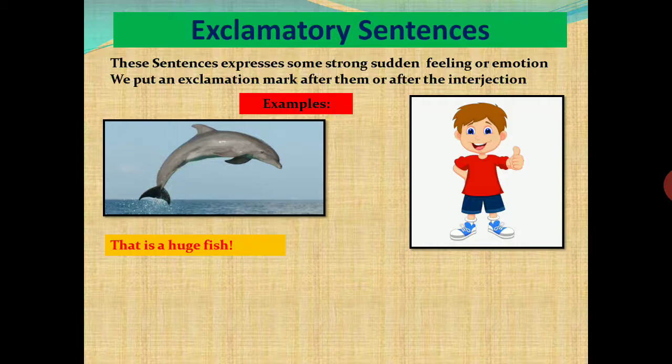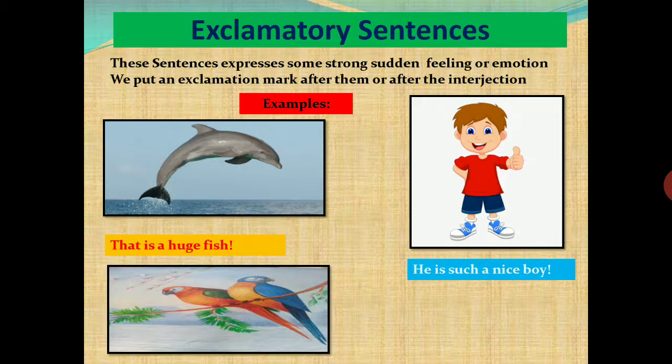Let us look at the second example. Now, he is such a nice boy. I'm expressing my emotion by telling he is such a nice boy. But I have made use of an exclamation mark. And my last example is where I have put a picture in front of you. When you look at this picture, you come up with your feeling, wow, what a beautiful painting.